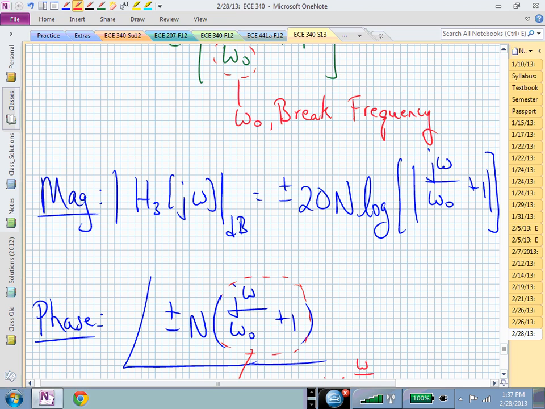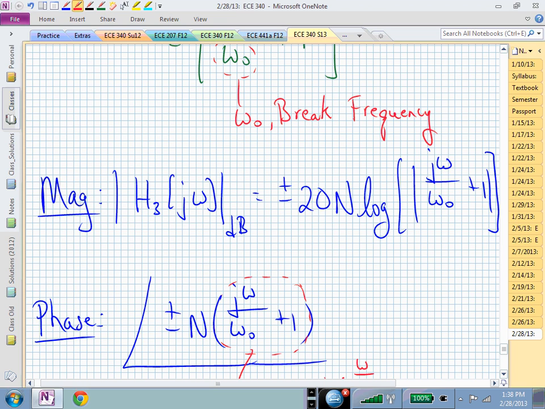So at the sweet spot, for a pole, we're going to be actually minus 3 dB down from the straight line values that we're going to find. So the true magnitude will be the 3 dB point at the break frequency. Is that clear? What happens to our phase when omega is omega naught? At the sweet spot, we have 1 plus J1.